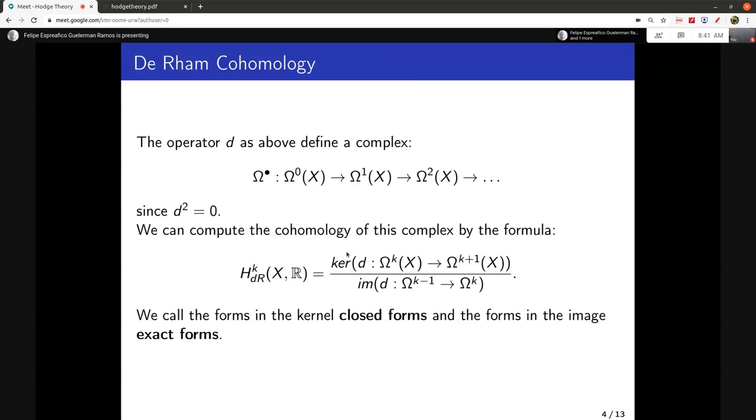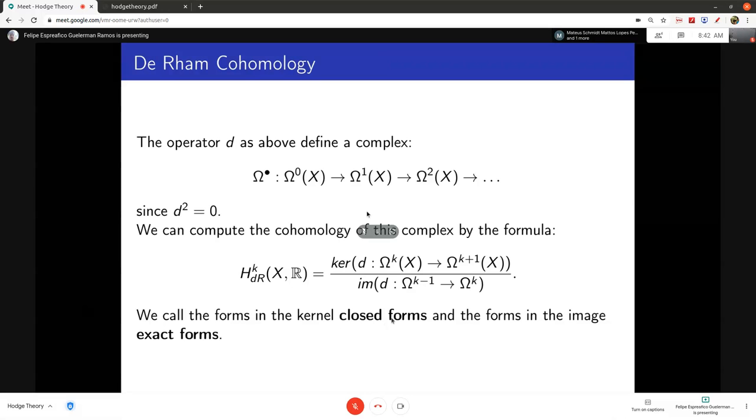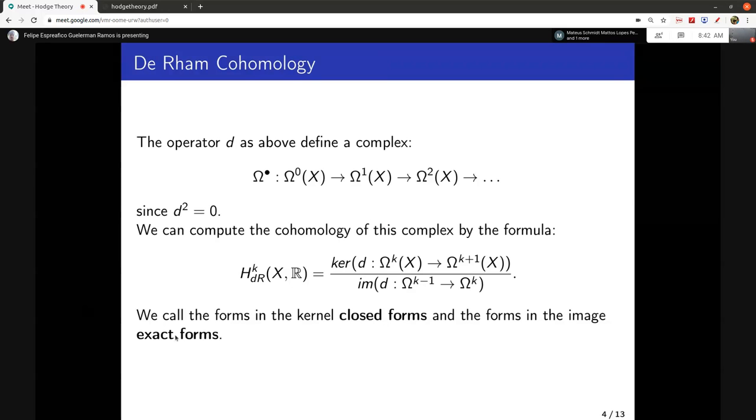It's important to say that this kernel, that means the forms that go to 0 by d, those forms are called closed forms. And this image, the forms that are d of something, are called exact forms, right? So we are going to use this terminology, closed forms and exact forms. This is important.